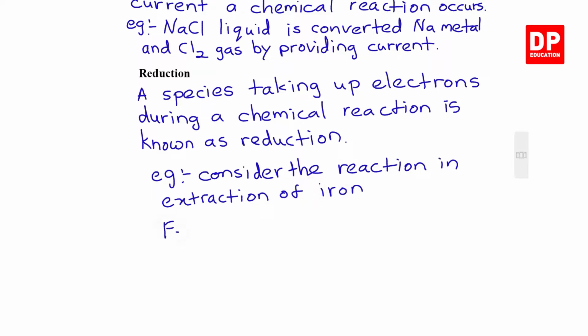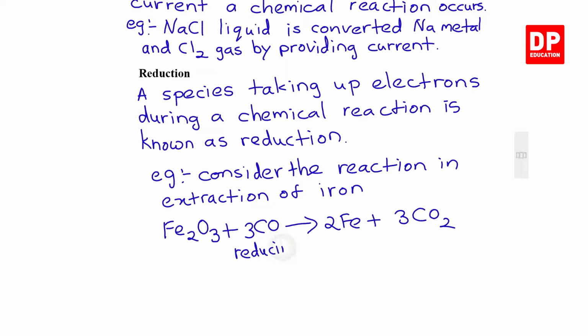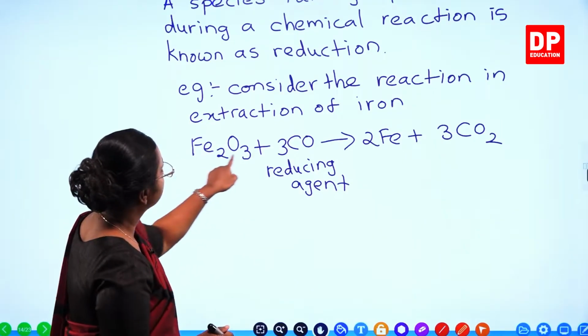We have Fe2O3 plus carbon monoxide giving 2Fe plus 3CO2. So we need 3 carbon monoxide molecules. And this is the reducing agent. Why? Because it reduces the iron.